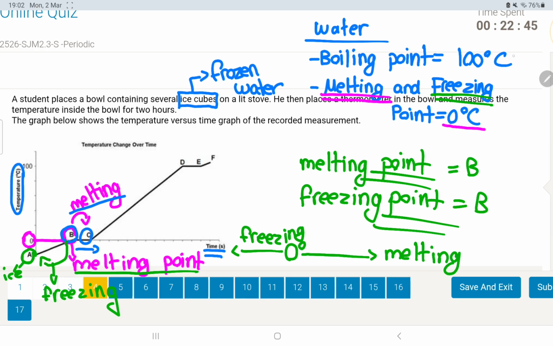So 0 and after, it's melting, and 0 and before, it's freezing, or already frozen, okay? But here, we said that A is ice. So what do you expect C to be? C would be water, right?